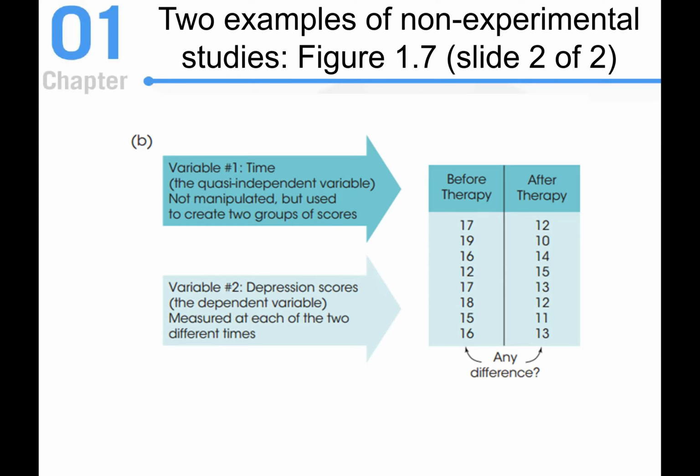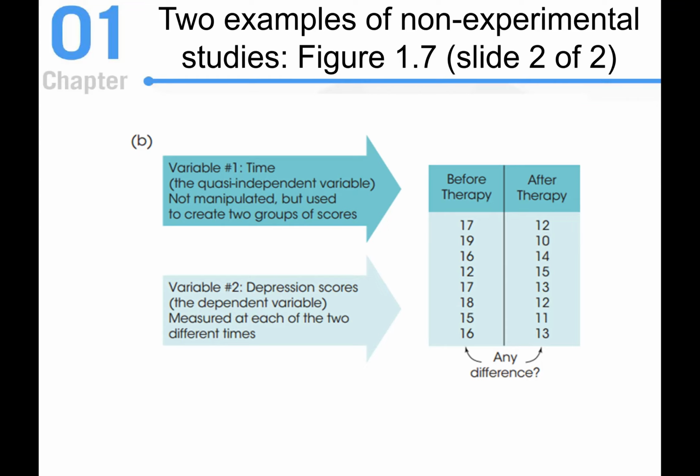The quasi-independent variable is time, because time isn't manipulated, but it's used to create two groups of scores: the group of how they were before the therapy, and the group of how they are after the therapy. The therapy, which separates the groups, is the quasi-independent variable.